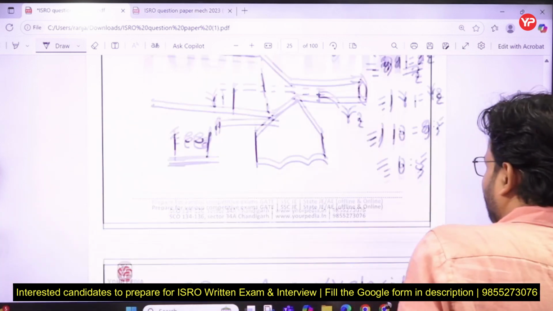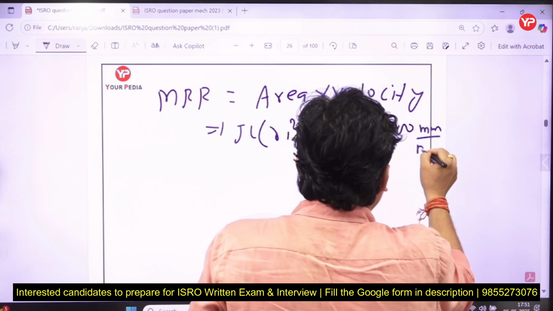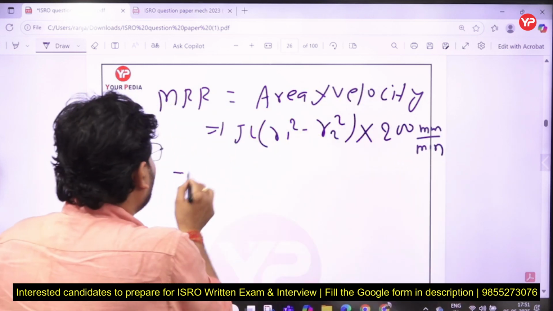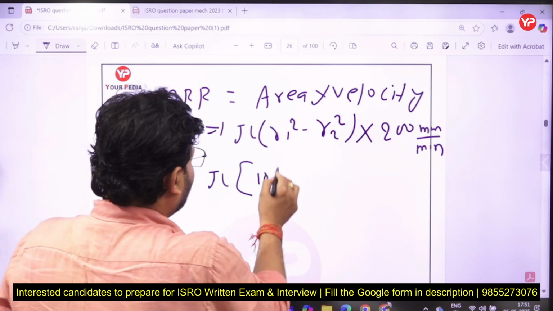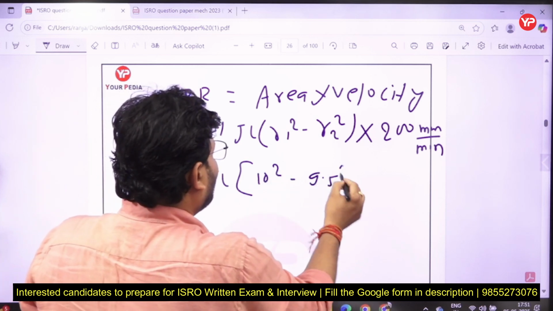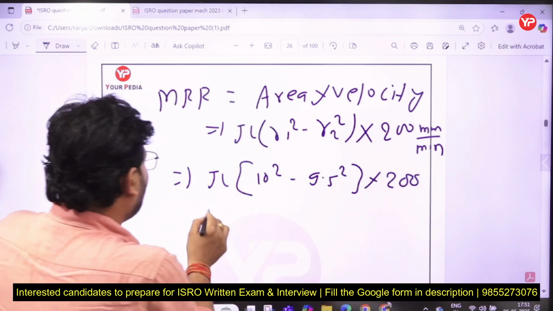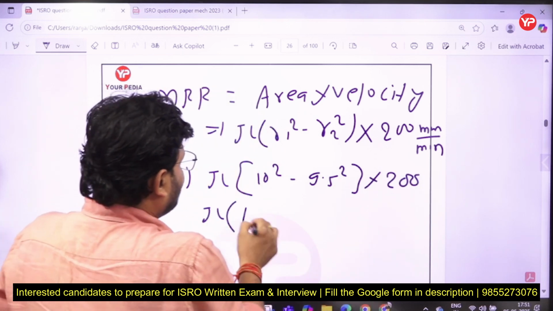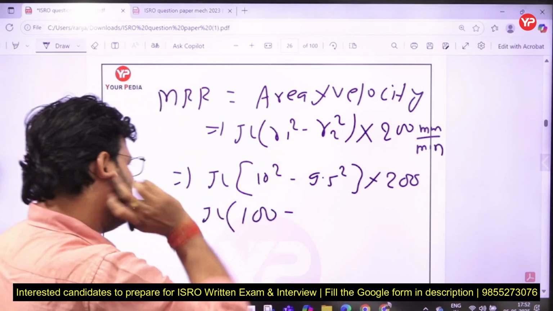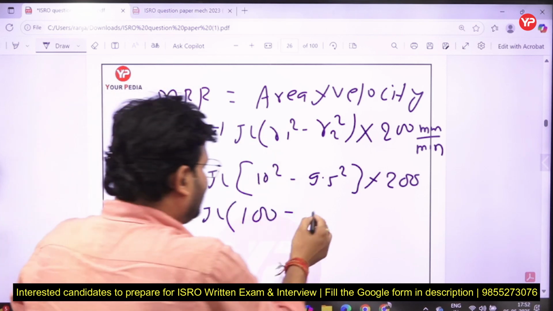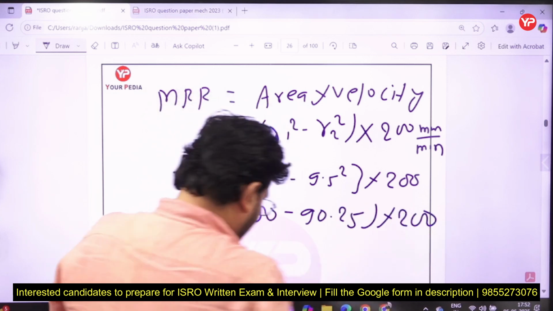So leave it in mm per minute and just put the value 200 mm per minute. Now put the values: pi into 10 square minus 9.5 square into 200. A little bit of calculation is there. 100 minus 90.25, and as I told you, you cannot skip the calculation.